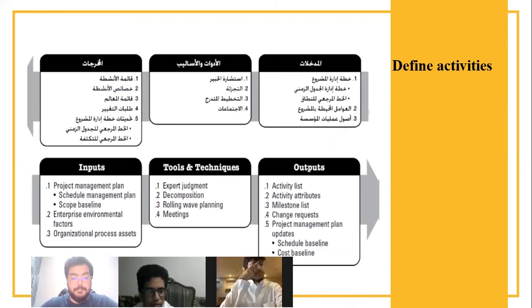And we have the EEF and OPA; we have talked about them. There are tools and techniques, for example, expert judgment, decomposition, rolling wave planning, and meetings. The outputs will be the activity list, activity attributes, milestone list, change requests, project management plan updates, schedule baseline, and cost baseline. Next.